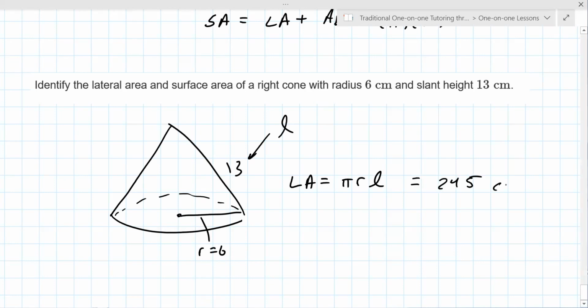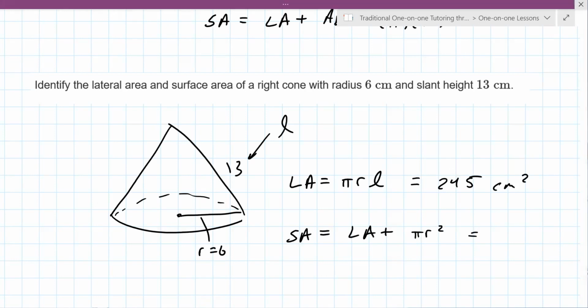The centimeter units squared. Okay, and the surface area is the lateral area plus the base, which is pi r squared. And again, round that to 1 decimal place, please. 358 centimeters squared. Perfect.